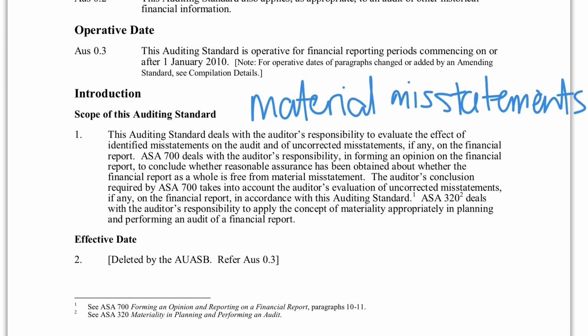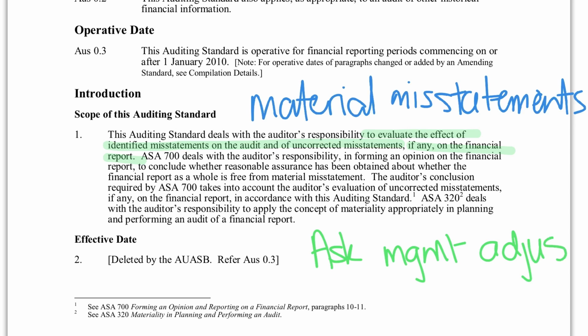So what are my responsibilities as the auditor? I have to evaluate the effect of those misstatements on the audit, and of uncorrected misstatements on the financial report. All right. So we have misstatements that we're going to ask management to adjust. So typically, you find a misstatement, you're either going to ask management to make an adjustment, or you're going to do nothing.